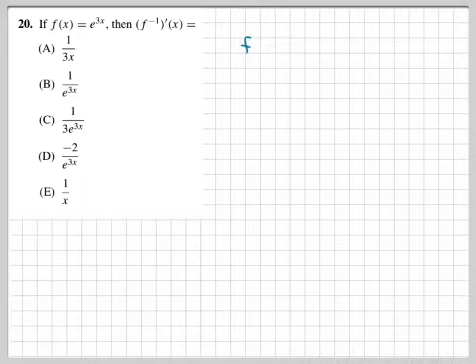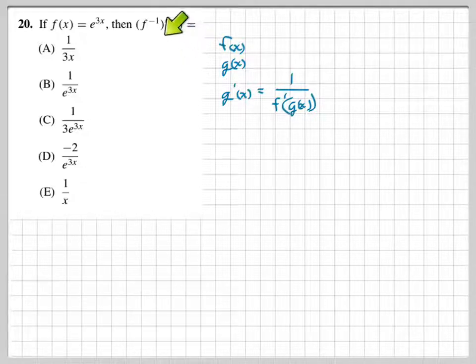If we had f and g, let's say g was our inverse function, then g prime would equal 1 over f prime of g. So we just have to plug the g in. Let's just write g prime of x, and we'll say that g is f to the negative 1.